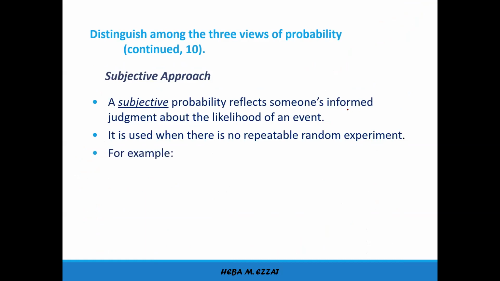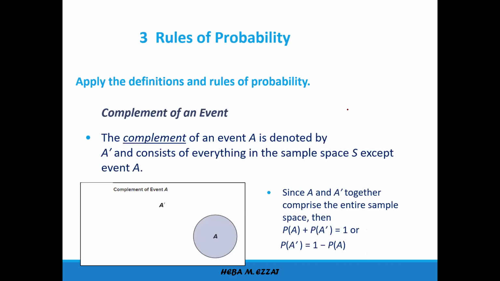And at the end it's talked again about the subjective probability. Okay, so here we have very important rules regarding the probability. One should always keep in mind that probability cannot exceed 1 and cannot be less than 0.